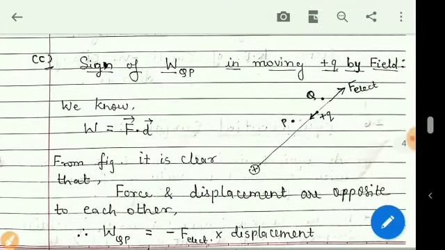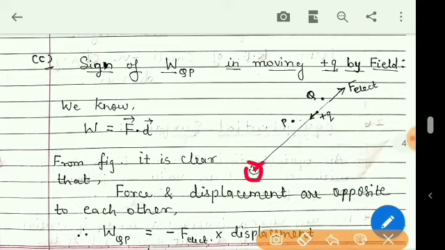So I have drawn that figure also in a simple way. You can see this charge due to which there is an electric field, and a unit positive charge is brought in this direction.